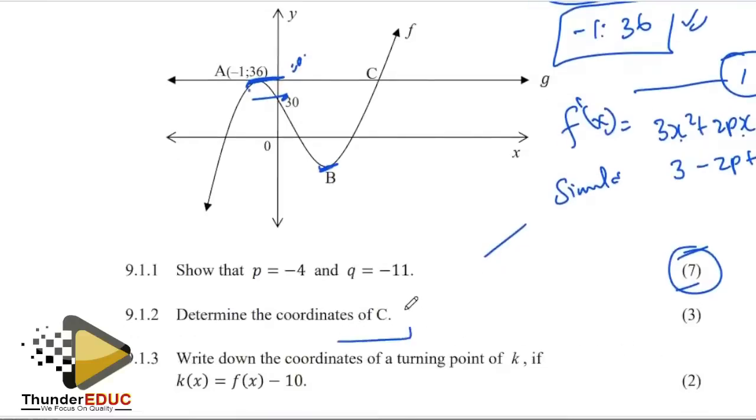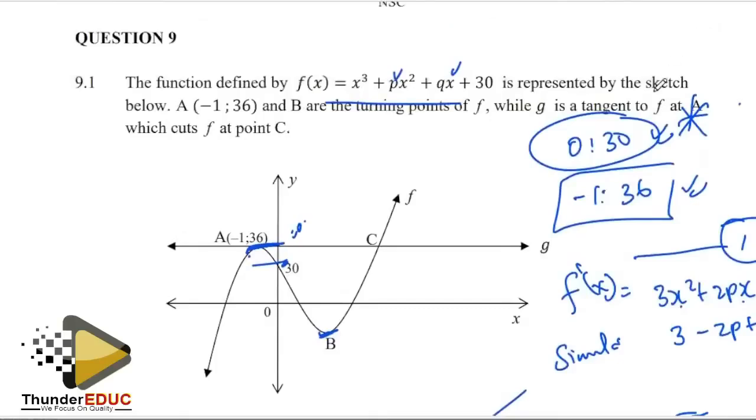Then they ask for the value of c. So with c, we know that this line is parallel to the x-axis. Is that true? The line g is that which cuts f at c. It looks like yes, it's parallel to the x-axis.